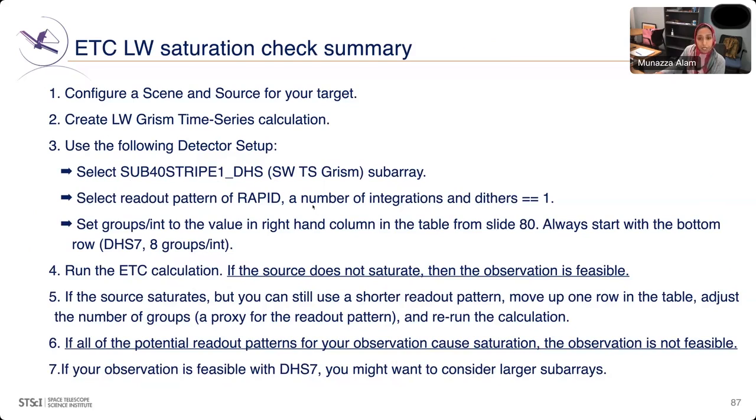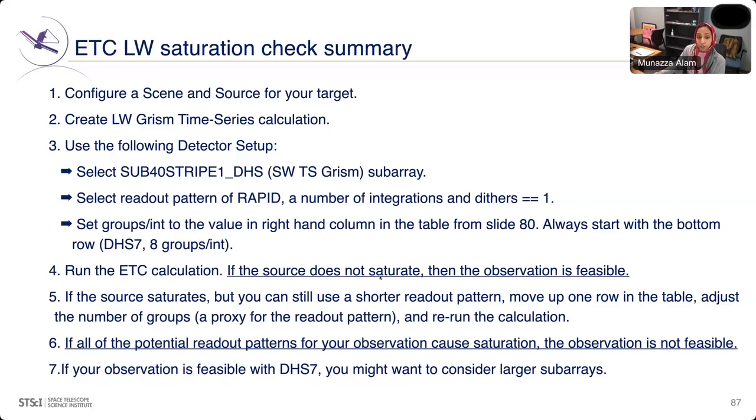Then we'll select a rapid readout pattern and set the number of integrations to 1. We then want to set our groups per integration to the value in the right-hand column in the table that I showed in the slide earlier, starting with the bottom row for DHS7 readout, or 8 groups per integration, and run the ETC calculation.